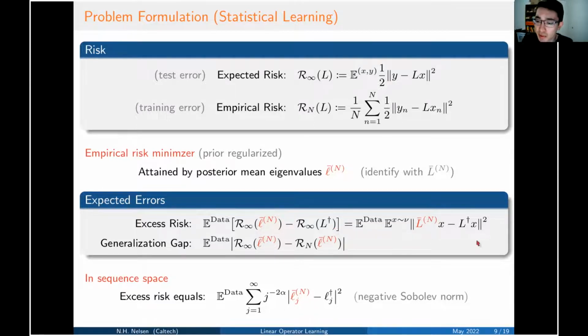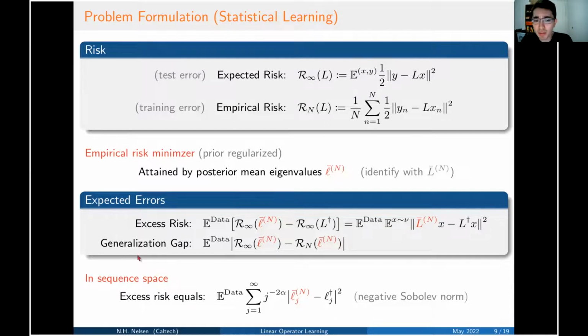And it turns out that this is equal to a kind of L2-based Bochner norm of the difference between our operator and the truth. So this is really what you would think of as test error or generalization error in machine learning, because we're averaging over the training distribution the predictions that we make.